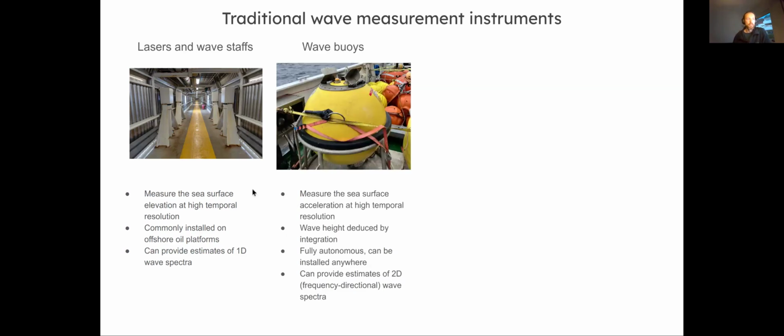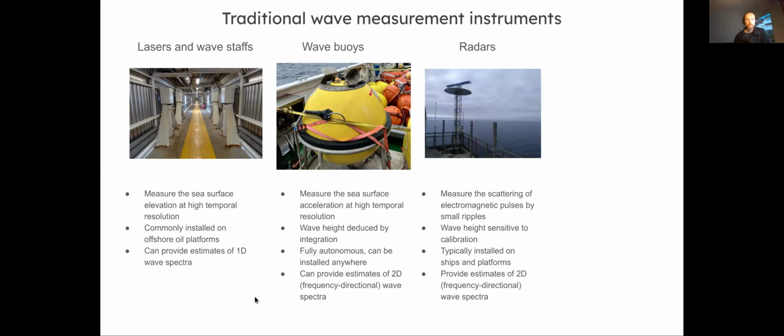Wave buoys are another very common instrument. These can typically measure both individual waves and spectra also. And some more modern buoys can also give you directional wave spectra. So these are really useful for validating spectral wave model output. Marine radars can be used to estimate directional wave spectra, but the quality of the measurement, especially for the wave heights, tends to be pretty sensitive to having a really good calibration.